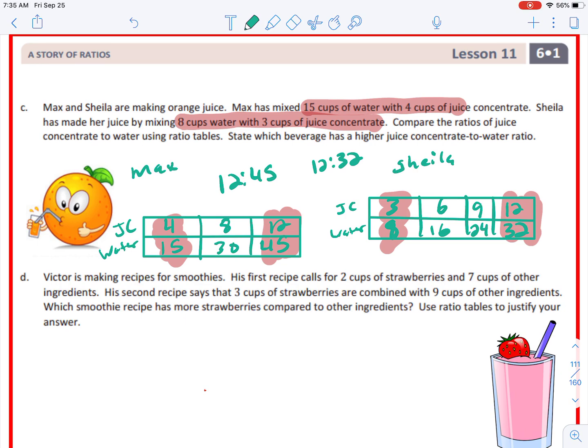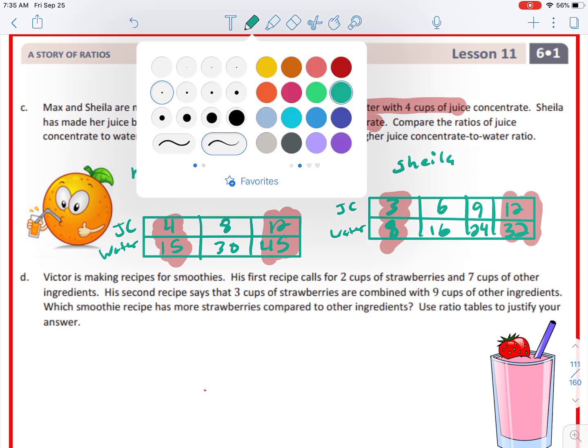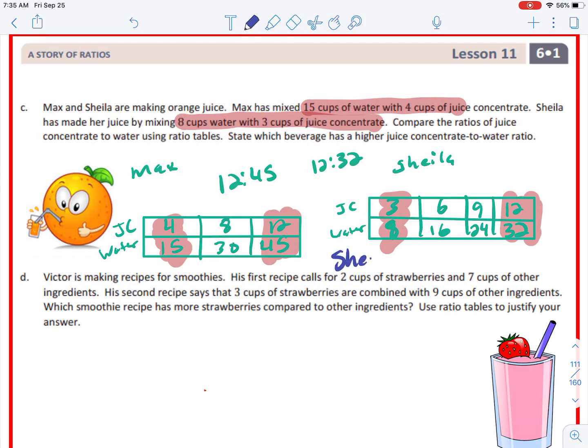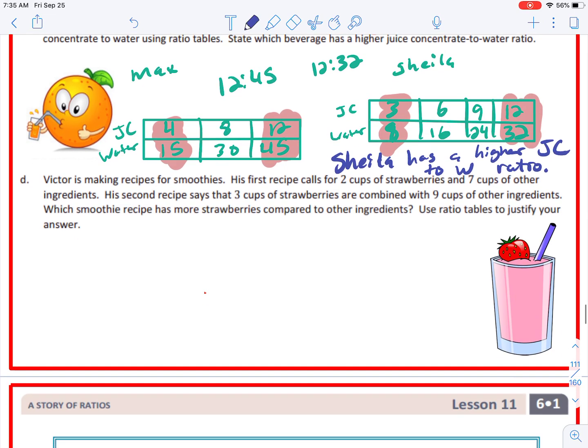So Sheila's is going to be the strongest. Sheila has a higher JC to water ratio. Okay, good.